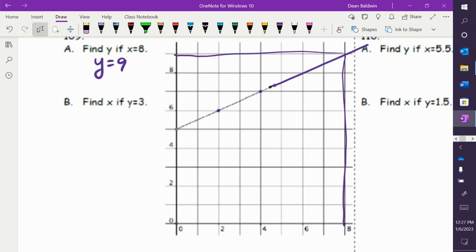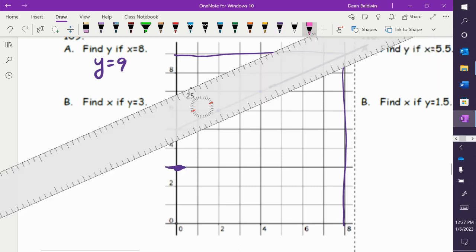You can go in the other direction. In this case, it's a little trickier. If y is equal to 3, so here's y is equal to 3, this little bit right here. I've got to move the line in the other direction.